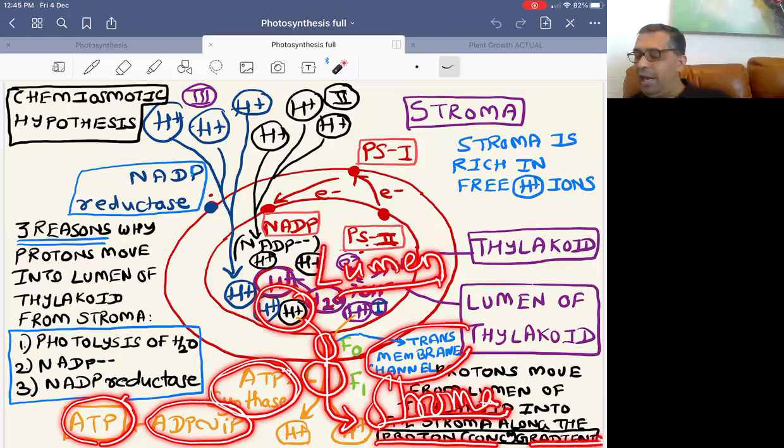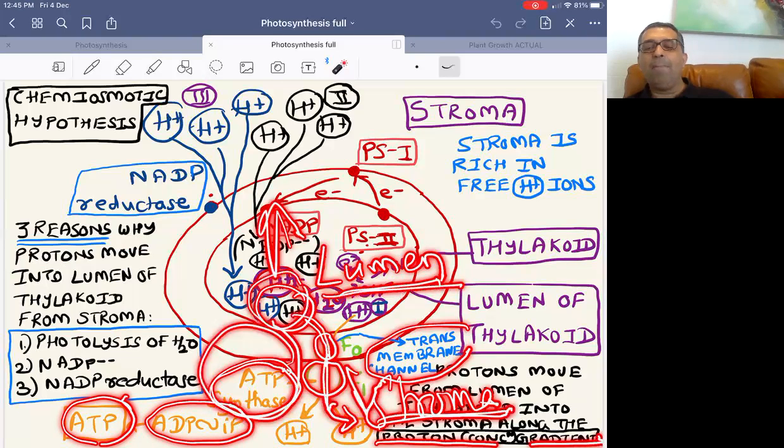So high concentration to low concentration along the proton gradient makes protons pass through F0 and then into the F1 particle, where we have ATP synthase, and ATP synthase combines ADP and IP to form a molecule of ATP.